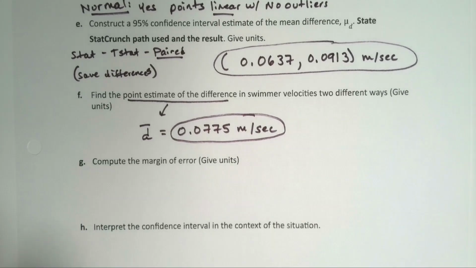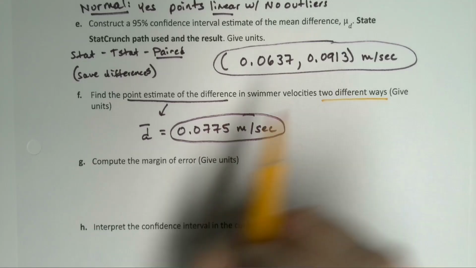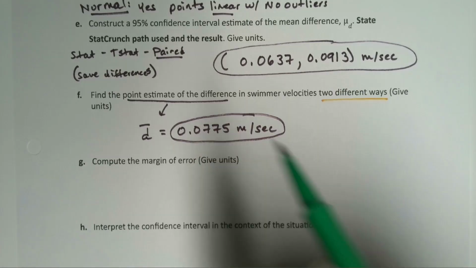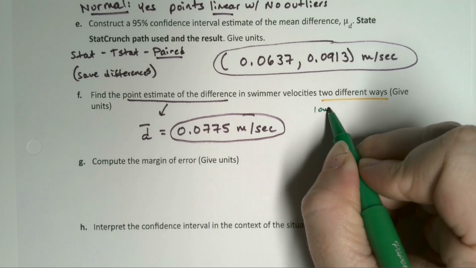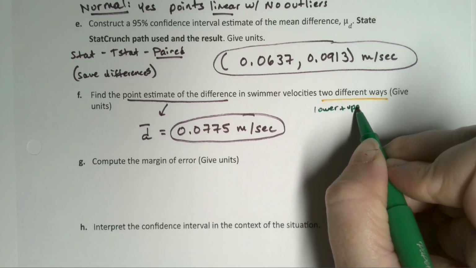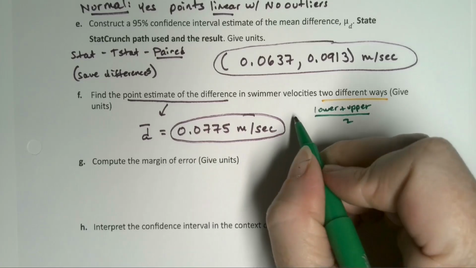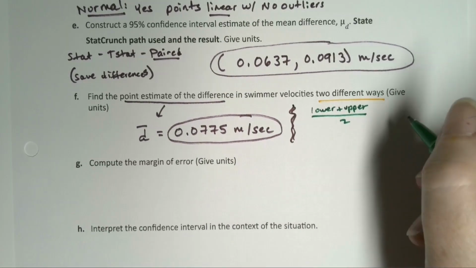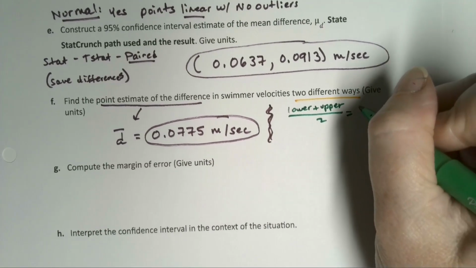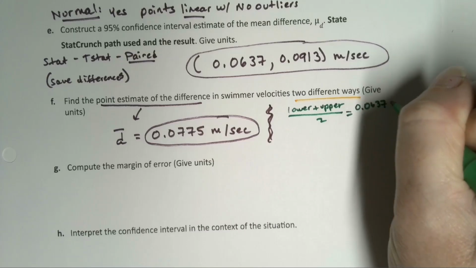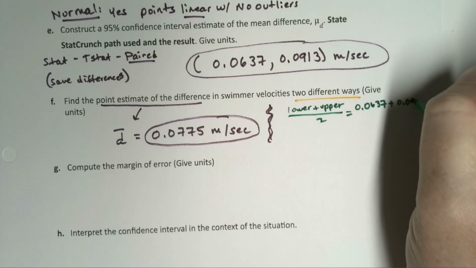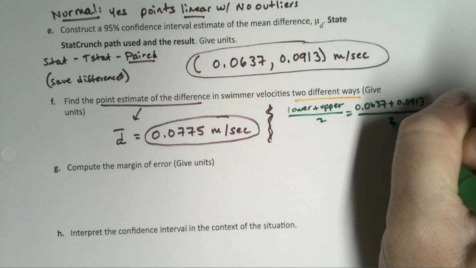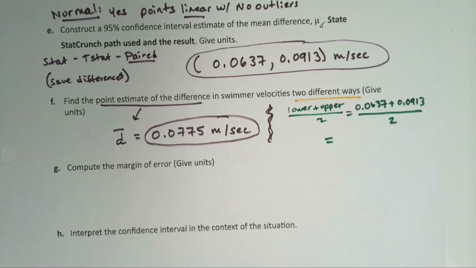Now the other way to find it, because it does say to give it two different ways, would be the old school way, where we take the lower plus the upper and divide by 2. Let me separate my paper here. So the lower plus the upper would be 0.0637 plus 0.0913. You add them up and divide by 2.